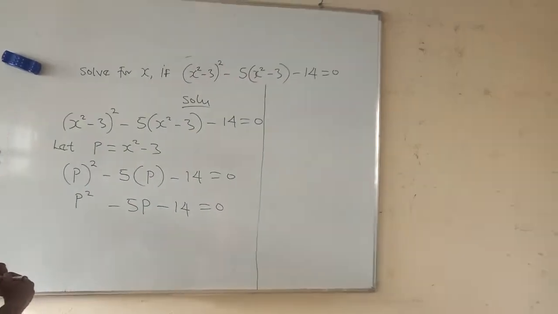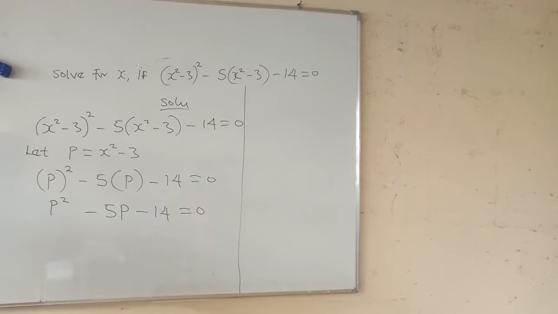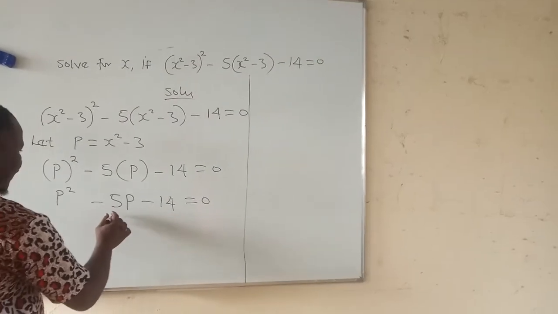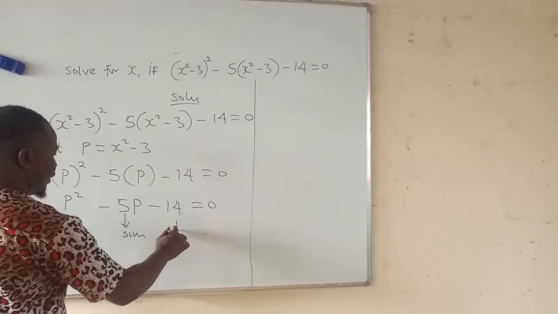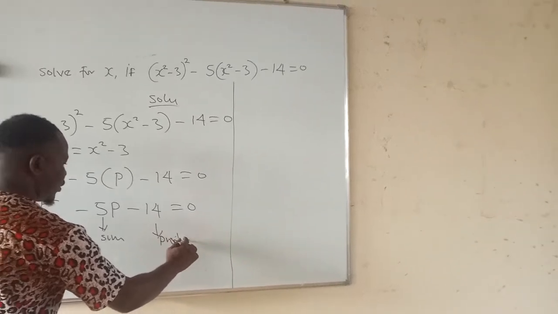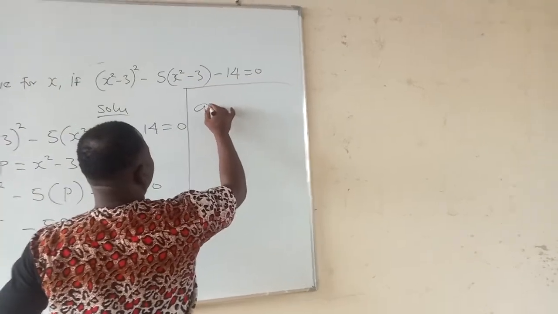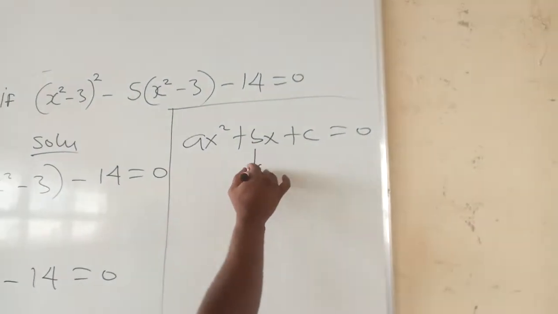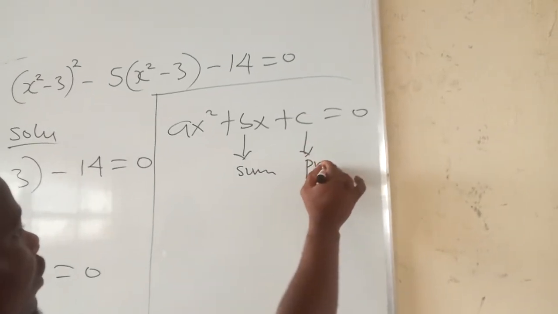If we want to use the factorization method, note that this is the sum and this is the product. Is that clear? That is, if we have ax^2 + bx + c = 0, this is the sum and this is the product.